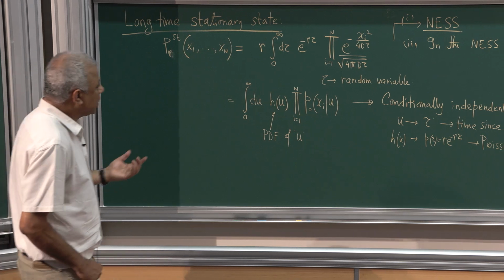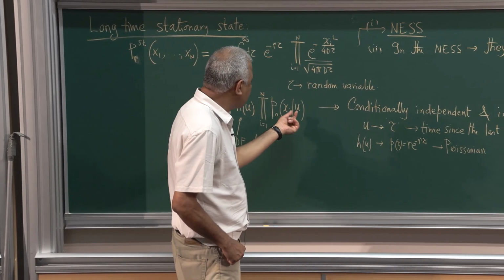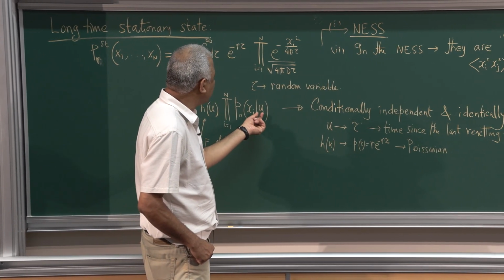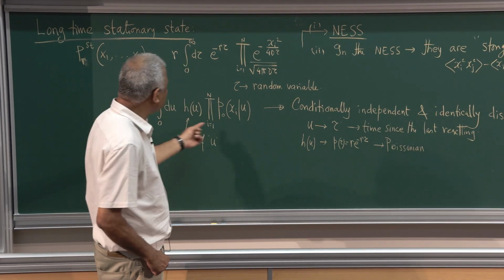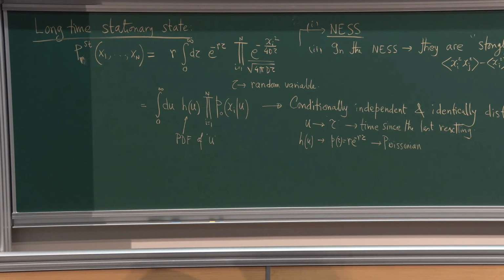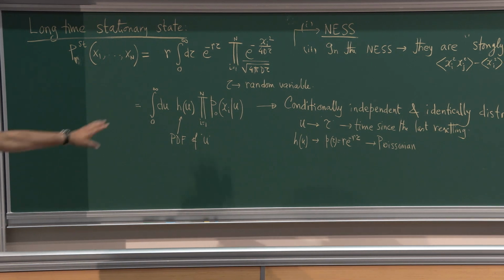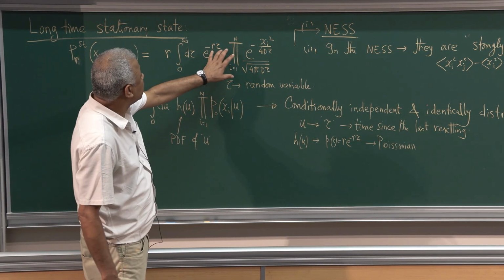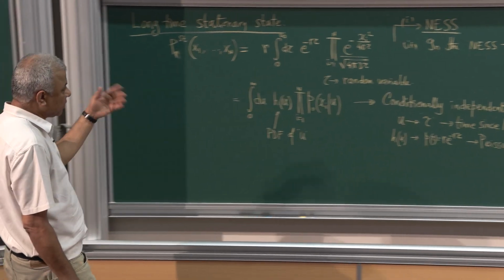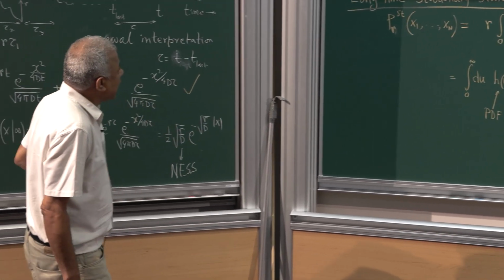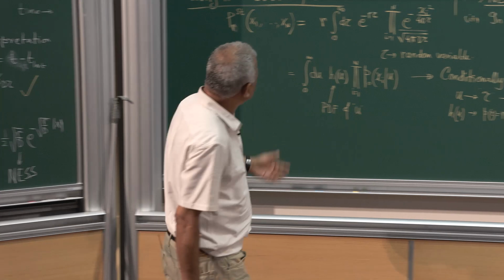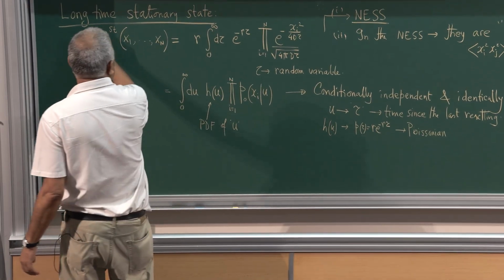It is not always easy to identify the relevant random variable which comes into this solvable structure. Here it's explicit, because it is the time since the last resetting, by construction.